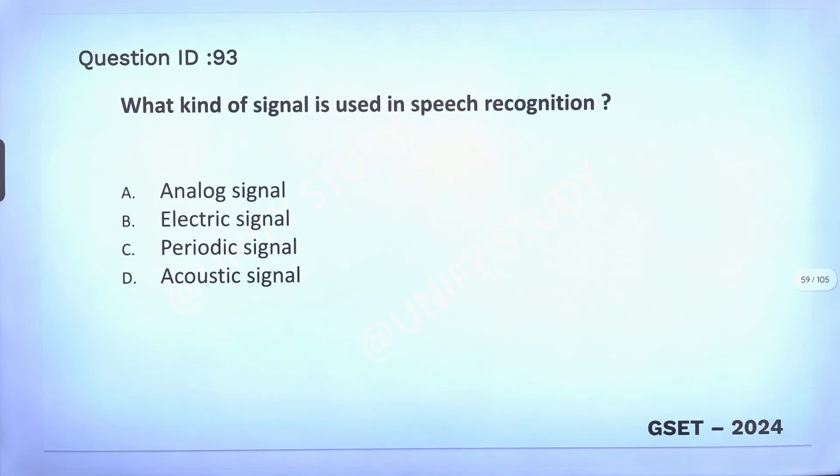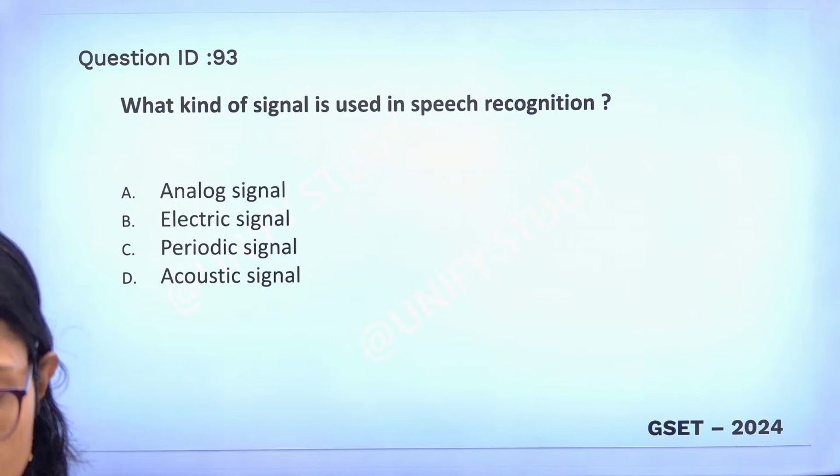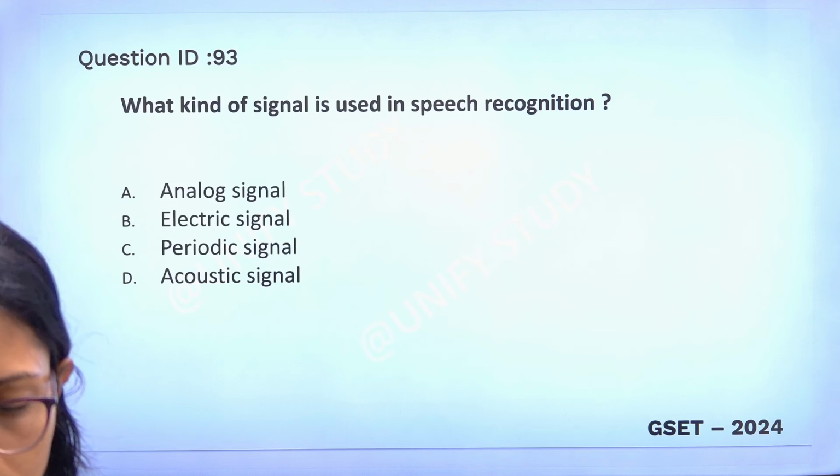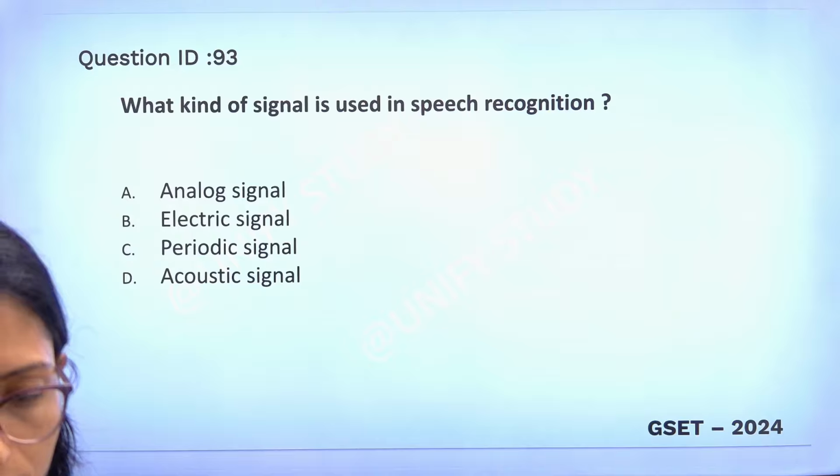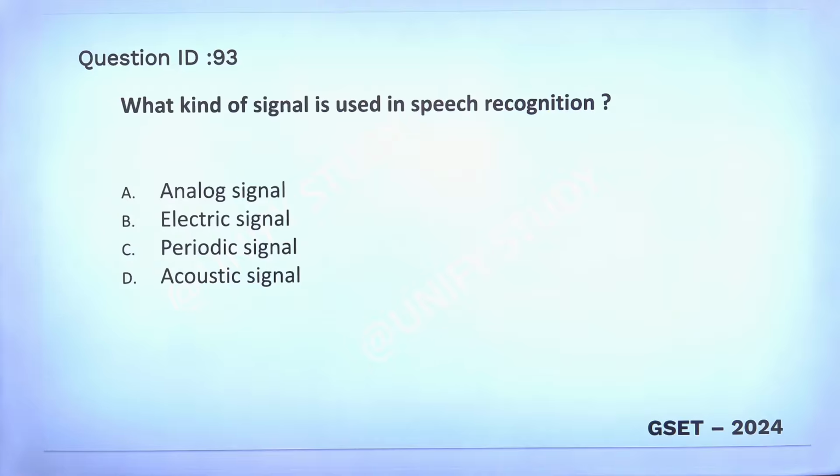Next. What kind of signal is used in speech recognition?